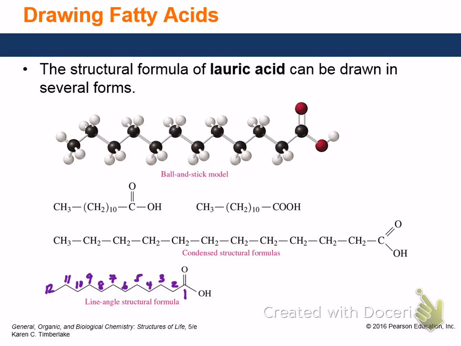So that's lauric acid. Typically, we will write them as condensed structures just because you don't want to have to count like this all the time. And it's easier to see what it is when it's written like this, okay?